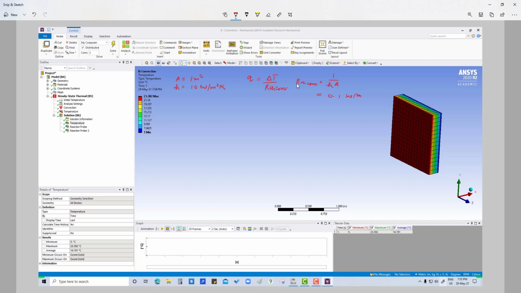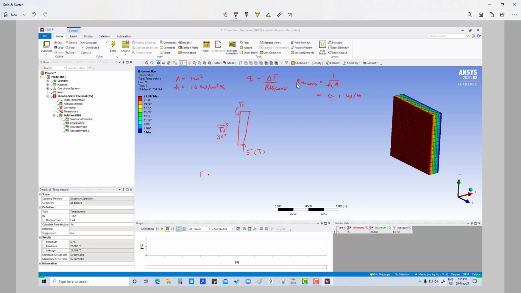Now if you come to this problem, here this temperature is 5 degrees, T1, and this surface temperature we do not have, that's TS, and the convection fluid temperature, we can take it as TF, and that we have taken as 30 degrees.